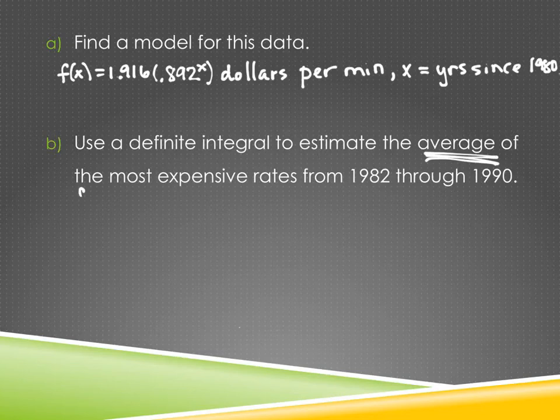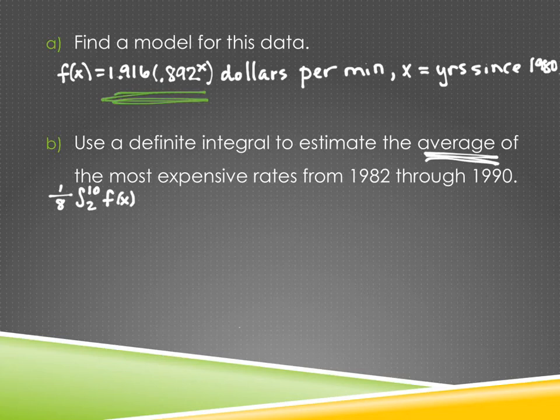So we're going to do our integral from 1982, that's 2, through 1990, so that would be 10, of our function, f of x, and we're going to multiply by 1 over what? 8. So I'd like for you to take this equation here and let's find its antiderivative.